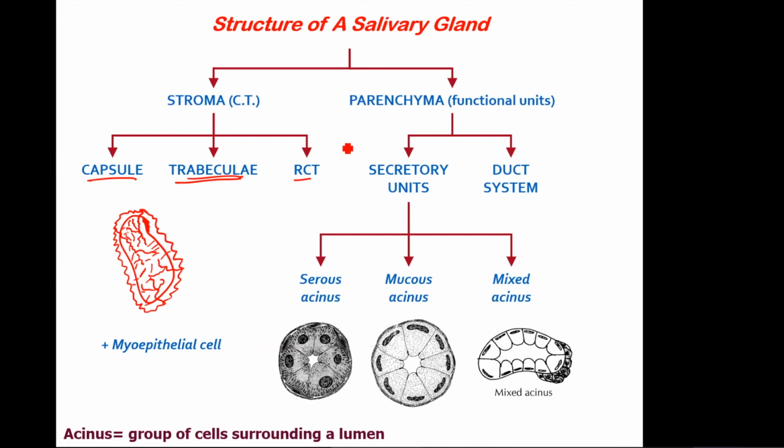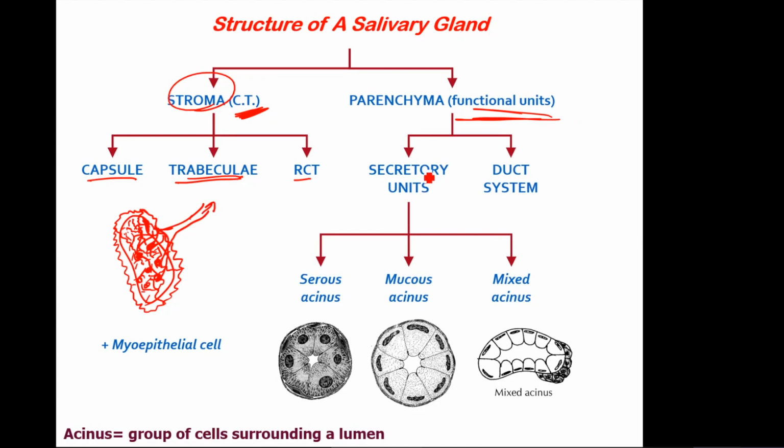The other most important structure inside, other than the stroma or connective tissue that's mainly for support, is the functional unit, the cells themselves. We have secretory units and a duct system. We have cells for secretions, and of course there are ducts. At the end of the day, the secretion will be drained outside of that salivary gland to the oral cavity.